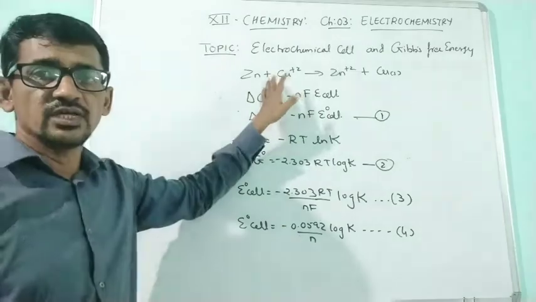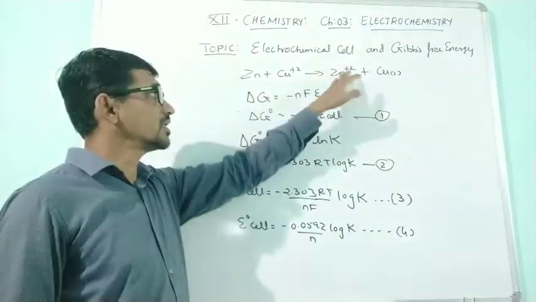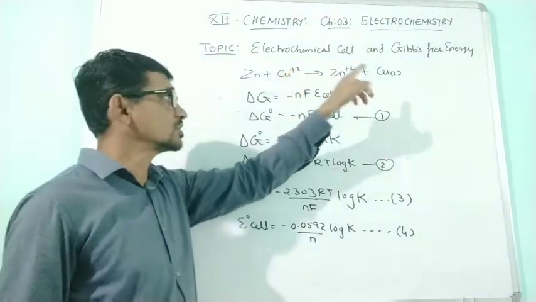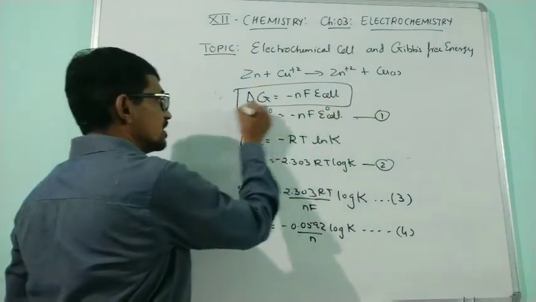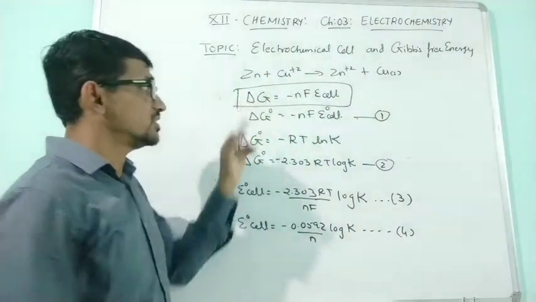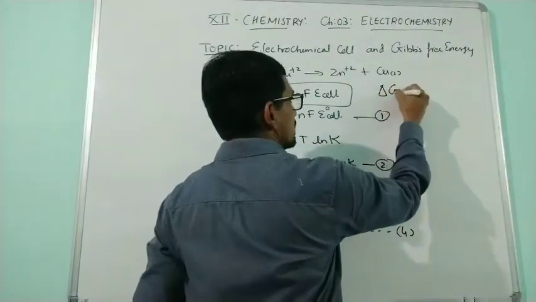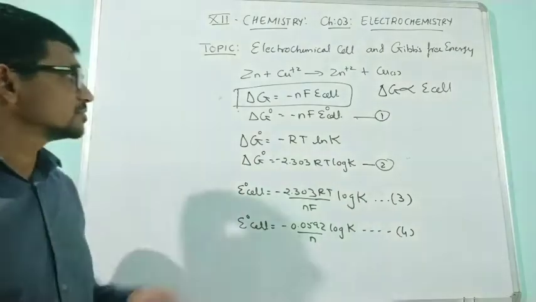Okay, electrochemical cell and Gibbs free energy. For that we take the particular Zn and copper cell. Zn is converted to Zn plus 2, and copper plus 2 is converted to copper. If this reaction is spontaneous, then delta G is directly proportional to E cell, meaning cell potential.